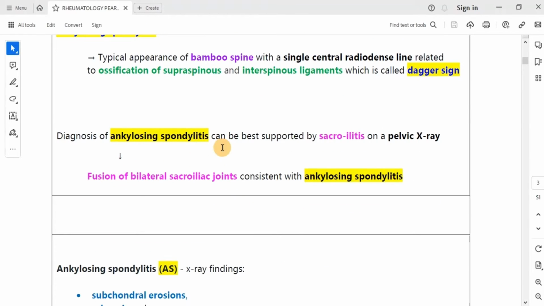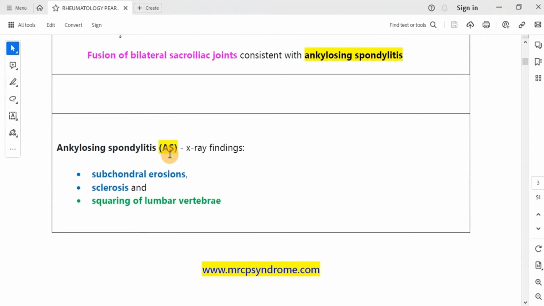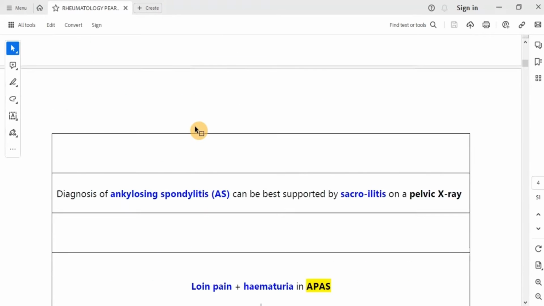Diagnosis of ankylosing spondylitis can be best supported by sacroiliitis on pelvic X-ray, fusion of the bilateral sacroiliac joint consistent with ankylosing spondylitis. So we can get the X-ray findings as subchondral erosion, sclerosis, and squaring of the lumbar vertebra, and altogether they are known as the features of sacroiliitis.